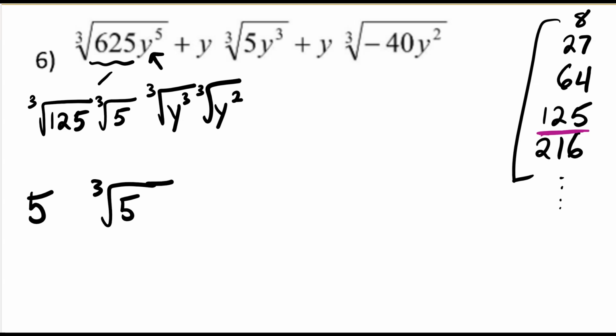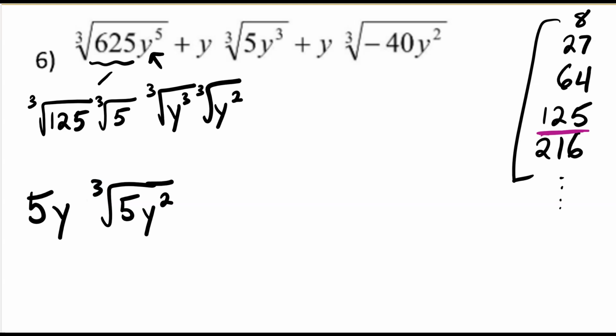So I think I could break that into y cubed times y squared, right? Because the cube root of y cubed is y, and y squared doesn't break down anymore, so I will leave that under the cube root. Make sure that in each step of your work, you are writing those down as cube roots, right? I know you're used to writing square roots, but this means something a little bit different here. Okay, so that's for the first expression.